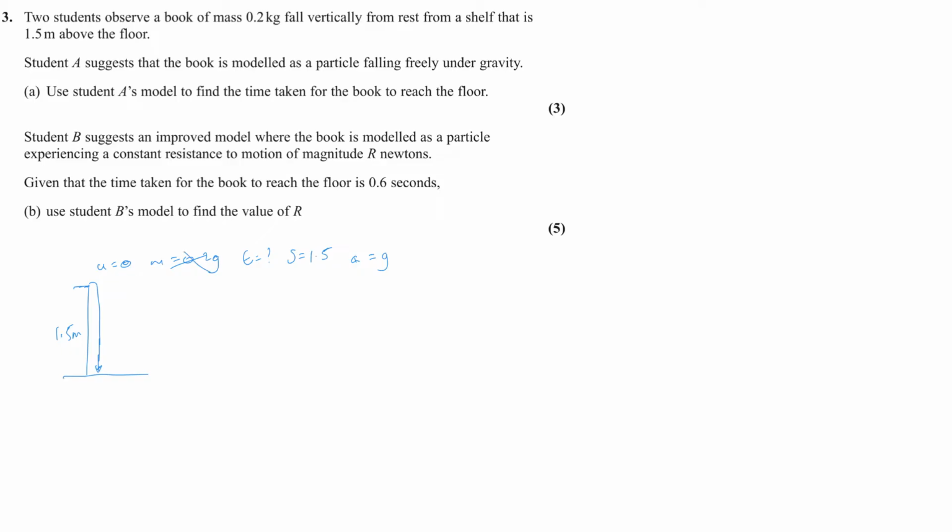So we want u, t, s and a, so s equals ut plus a half at squared. So 1.5, u is 0, so that's just going to be 0 plus a half g t squared. Now in this case we're obviously taking down as our positive direction.